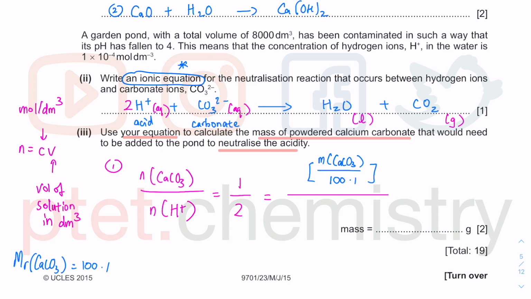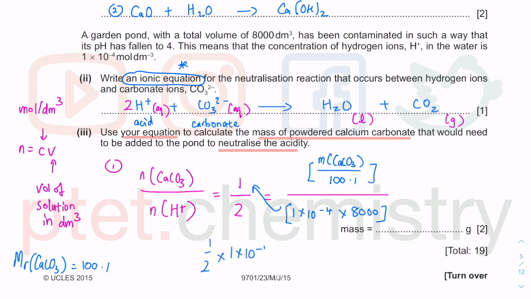The one at the bottom has to be the mole of the H plus. This is the concentration in mole per dm cube. This is the volume already in dm cube. So I don't need to convert anything into dm cube again, because that was conveniently already mole per dm cube times the volume already in dm cube there. So I just need to move this up there. When I move the bottom to the left hand side, I do not change anything on the half.